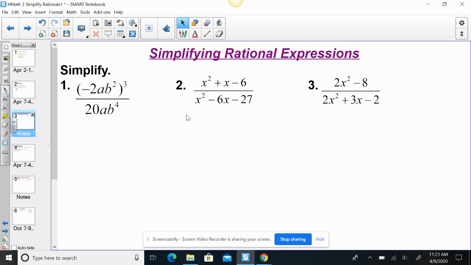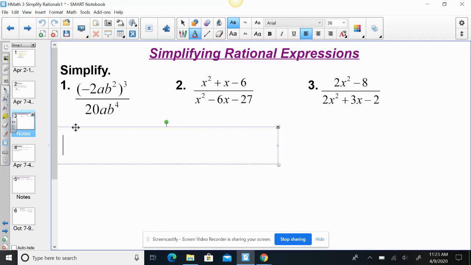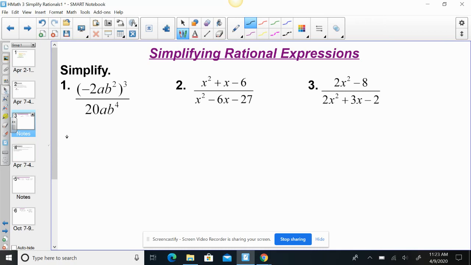It says negative 2ab squared, all cubed. If I factor that, I am going to write, and you're going to write with me, negative 2ab, and I want to do that 3 times because it's there 3 times.